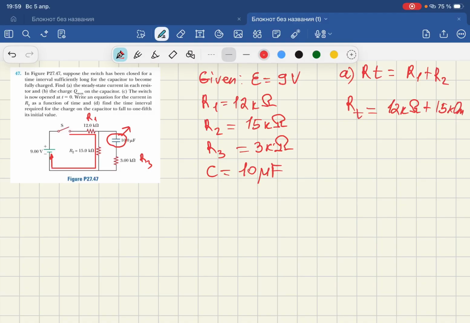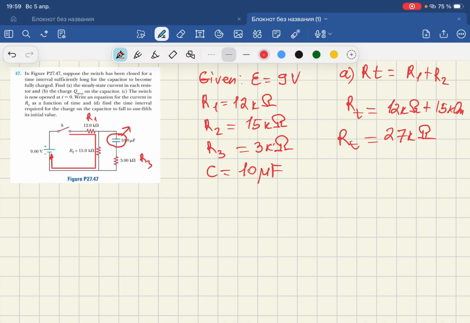We can write the two of them. Then R total equals 27 kilo ohm. We have the total resistance.